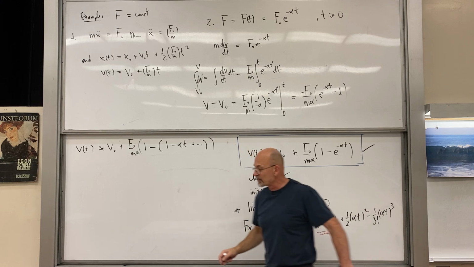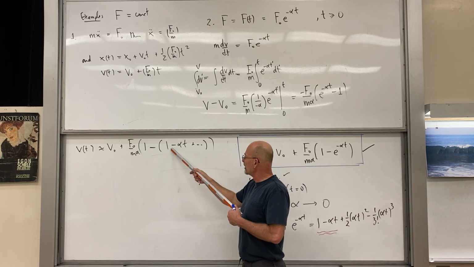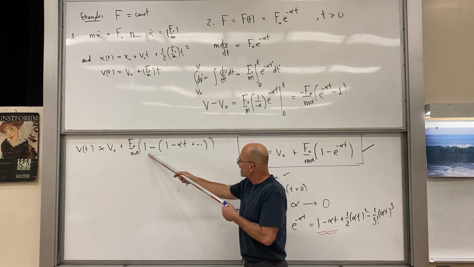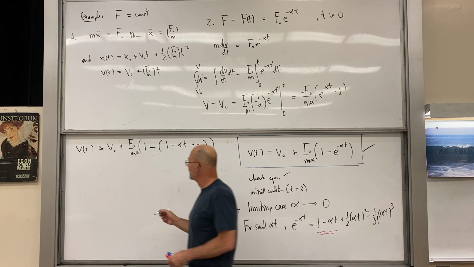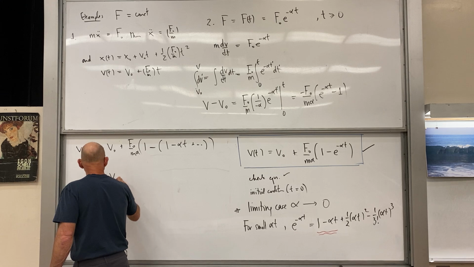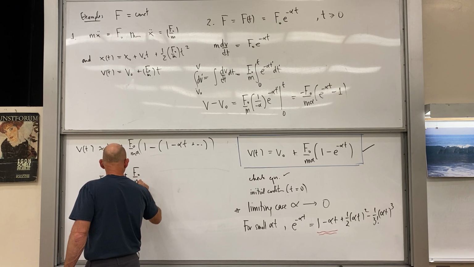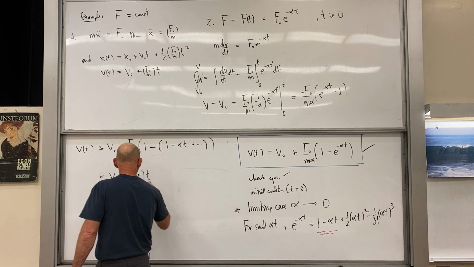And you can see what's going to happen here. 1 minus 1 is a 0, minus times minus is plus. I'm going to have alpha t. That alpha is going to cancel that one. So we have v naught plus f naught over m t.